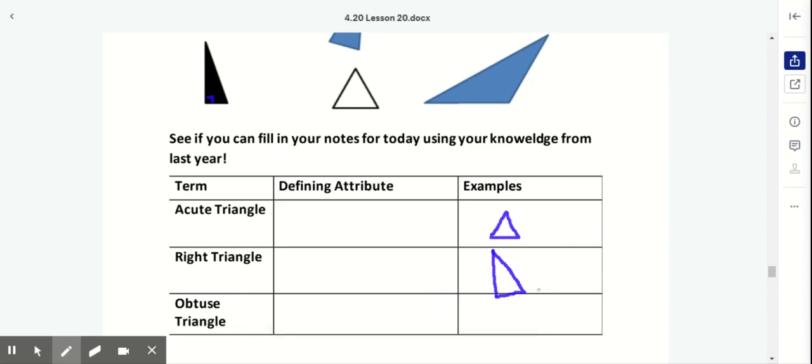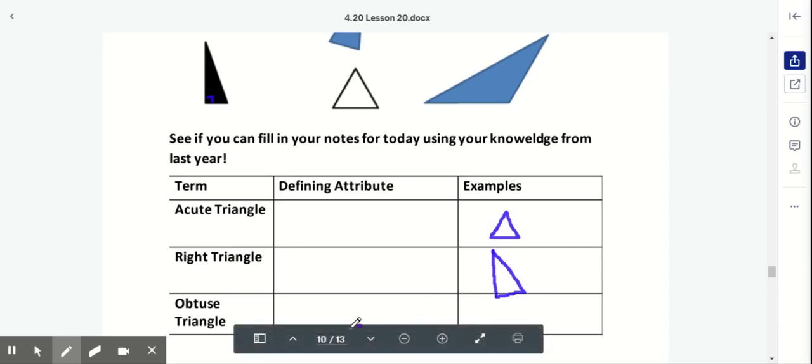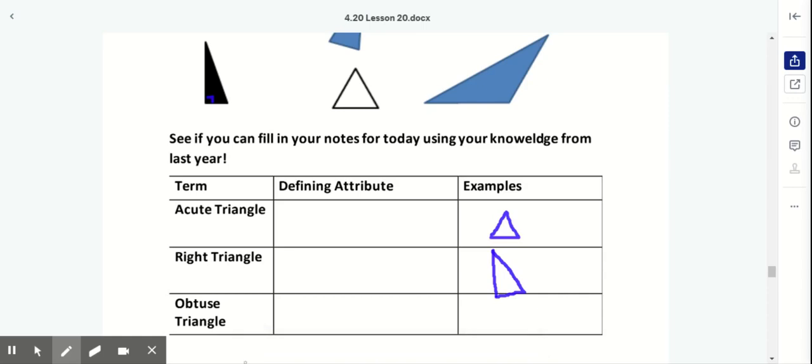Lastly, an obtuse triangle is a triangle containing two acute angles and one obtuse angle.